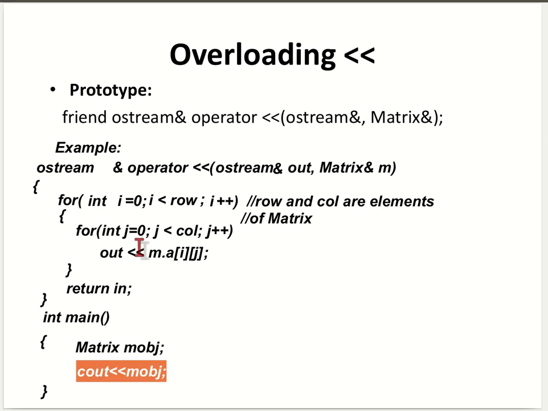It accepts an ostream object out, that is our cout, and the matrix object m, and it will produce the output to the standard output. Like this we can overload the insertion operator.